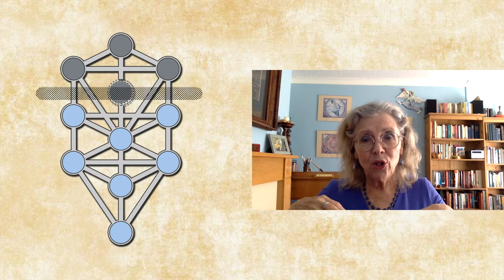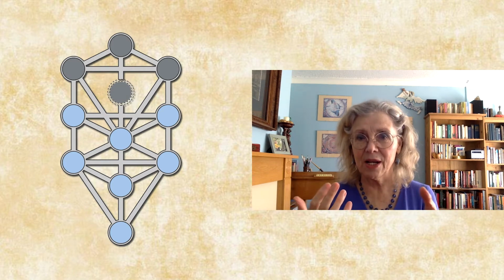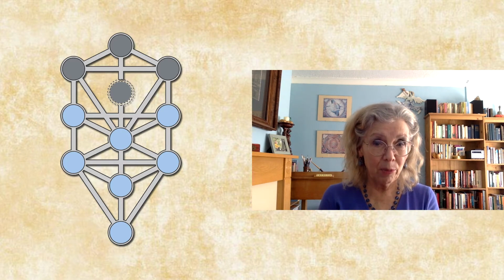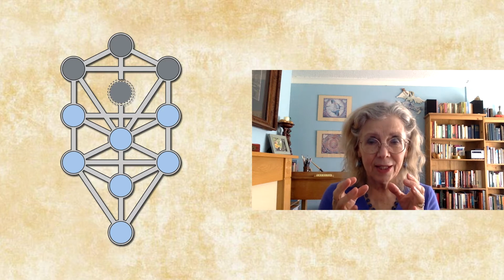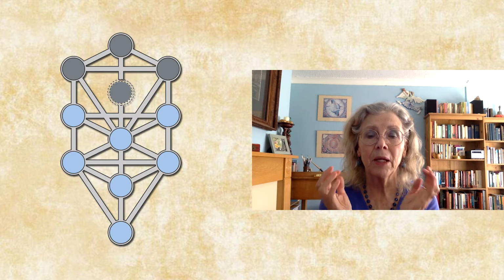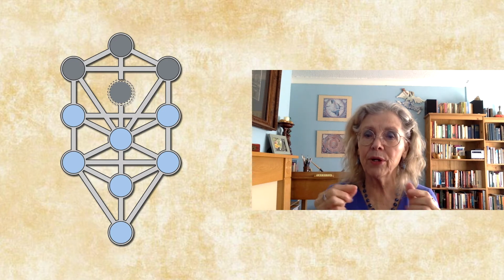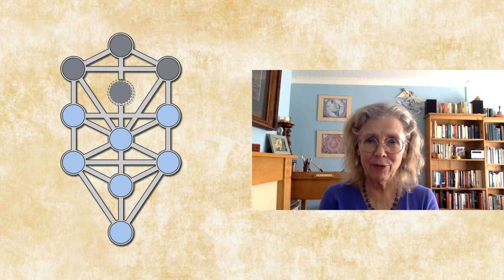So let's look at the lower half of the tree. And what I want you to think of is that the sephirot on the lower part of the tree and the archangels that guard those gates of light or containers of divine energy are the group which are most appropriate for you to be working with at a personal level.